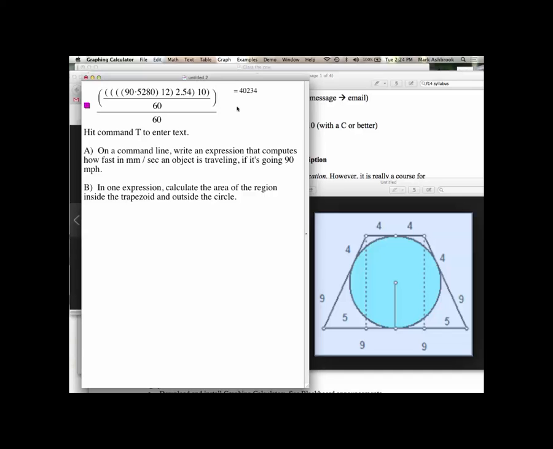Okay, so build it without having done anything outside. So you put on the two. You're cheating, right? 36 squared.